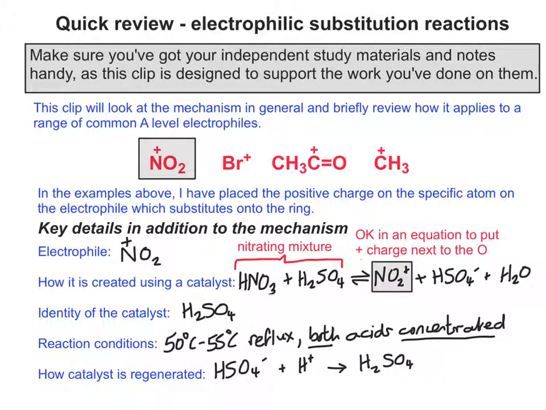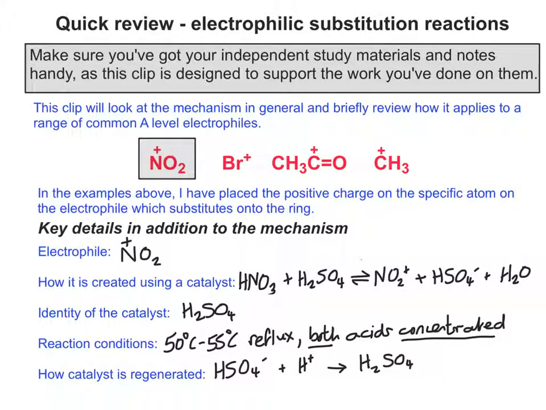And if you're drawing out the equation, it's fine to put the plus charge next to the oxygen. The catalyst is your H2SO4 and the reaction conditions have to be 50 to 55 degrees C, refluxed with both acids concentrated. Very important to get all those details down.